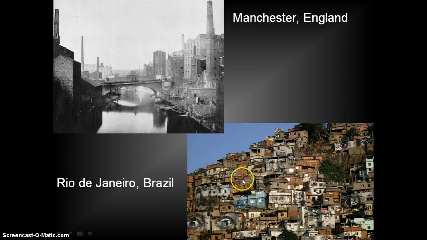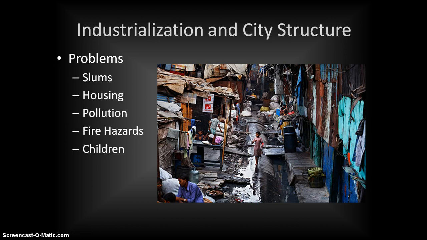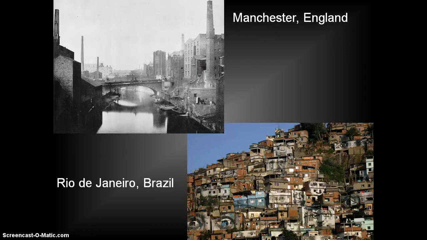But then modern day things like the favelas outside of Rio de Janeiro in Brazil. Basically people are just squatters coming in and building houses right outside the city, and so a lot of people who live in these favelas, if we could turn the camera around, you would see Rio on the other side. People are living in the favelas on the outskirts of the city so that they can then interact with that city and get jobs in that city, and so that's really the purpose of their living arrangement.